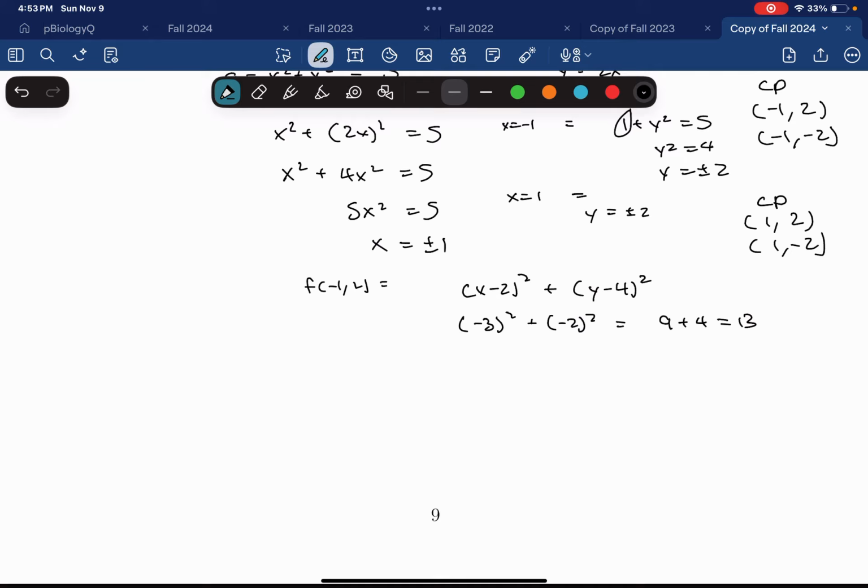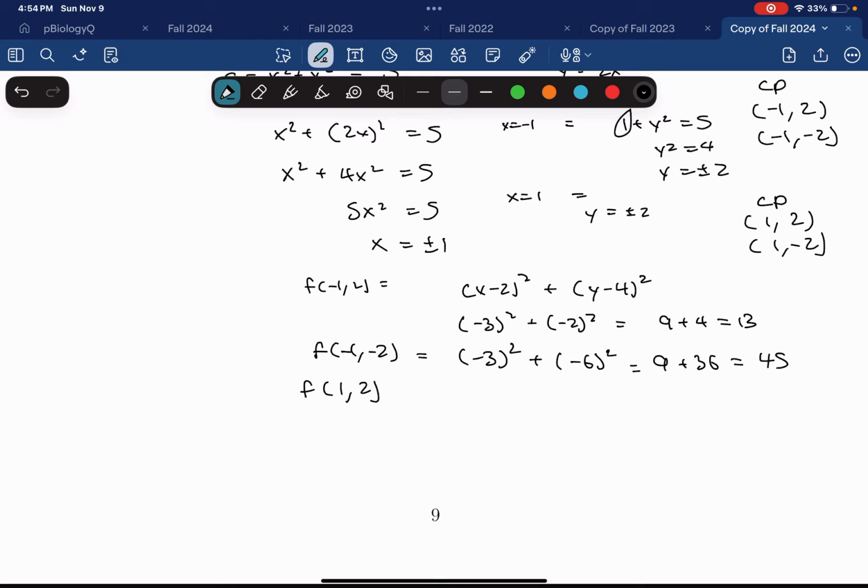Oh, what the heck? Okay, and then if we test out negative 1, negative 2, you get negative 1 minus 2, negative 3 squared, plus negative 2 minus 4, negative 6 squared. You get 9 plus 36 equals 45.